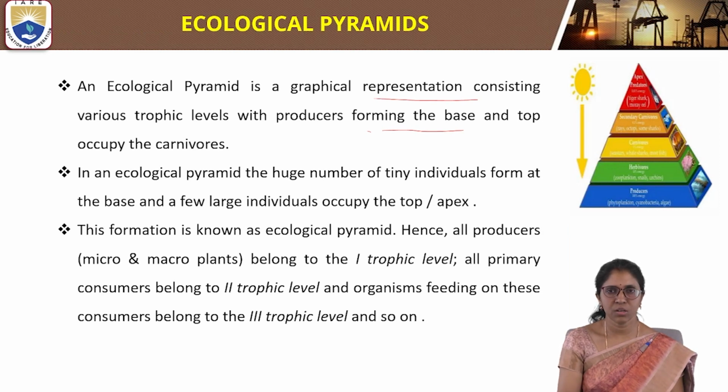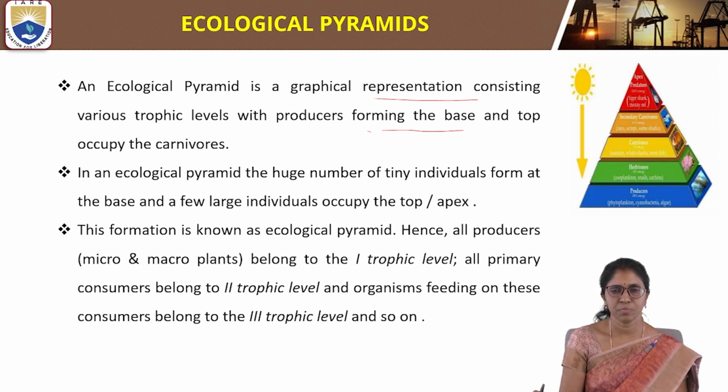So the base is occupied by producers, and the top position is occupied by carnivores. This is an ecological pyramid.